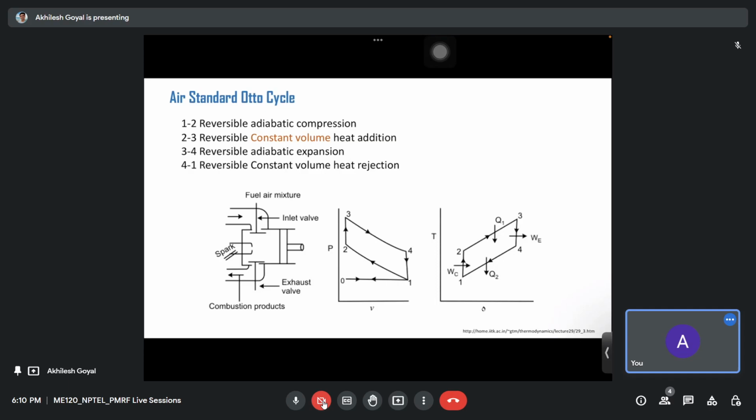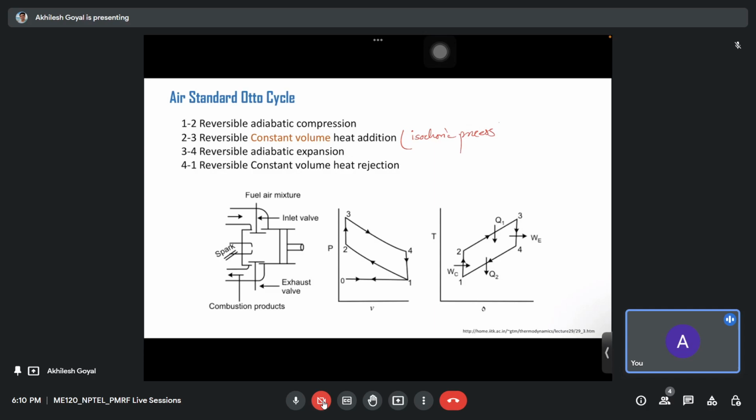The spark ignition engines, two stroke and four stroke, both work on this cycle. It consists of two reversible adiabatic processes and two reversible constant volume processes, also called isochoric processes. Here you can see the PV and TS diagrams for the Otto cycle.